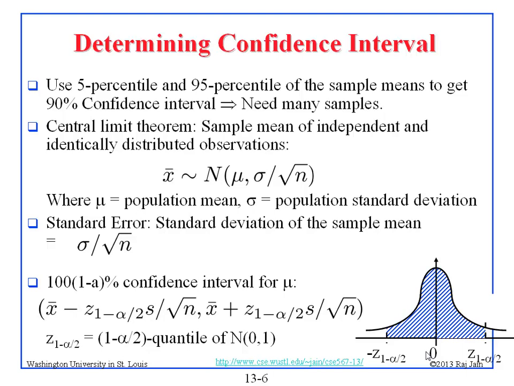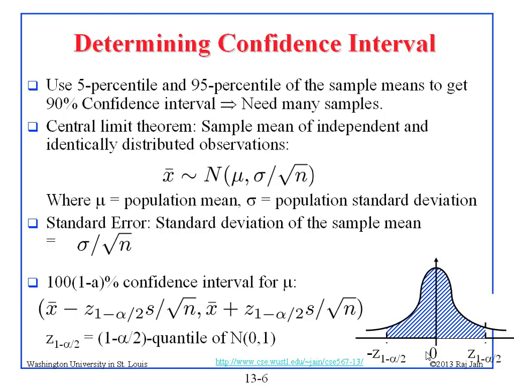The standard deviation of the sample mean is basically sigma upon square root of n. So why is that? Sigma is the standard deviation of the original population. If you take one observation, you will find that its standard deviation is sigma, right? However, when you average things together, the variance goes down. This is a simple thing about adding normal variables.